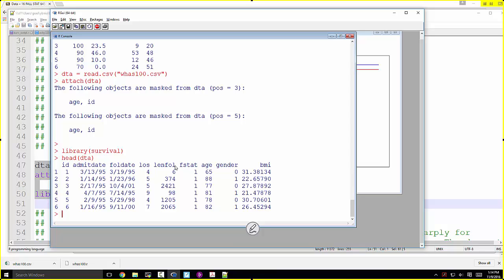Yeah, so they have different representations of dates, which we would have to process to be able to get into usable format, which we could do, but we don't have to because we have the length of follow-up, the actual time, in a separate column. And then this is the censoring indicator.